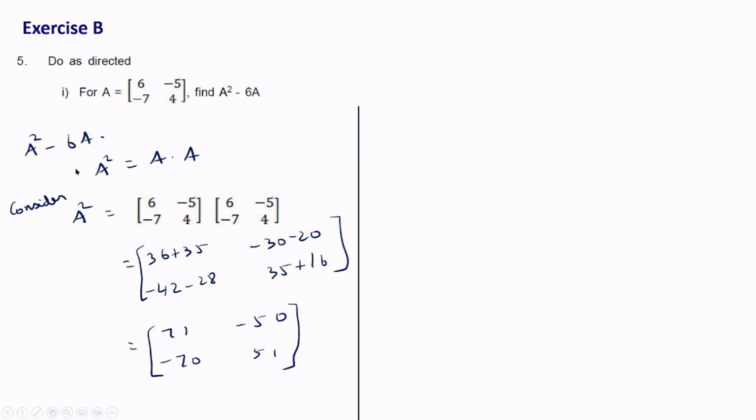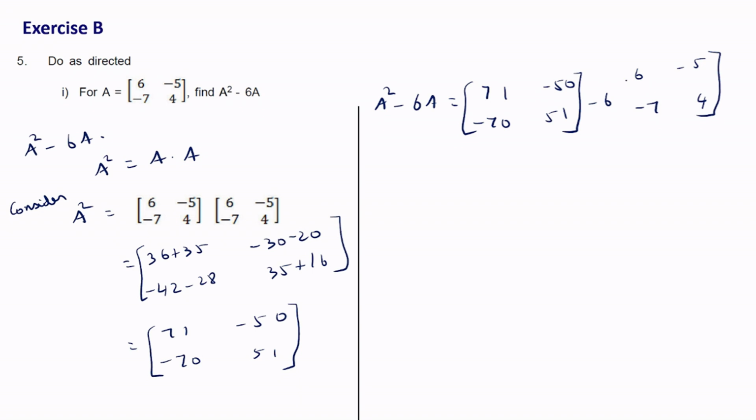Now let us find A square minus 6A. A square, we just now got this matrix, minus 6 into A. So it is 71, minus 50, minus 70, 51, minus 36, minus 42, minus 30, 24.